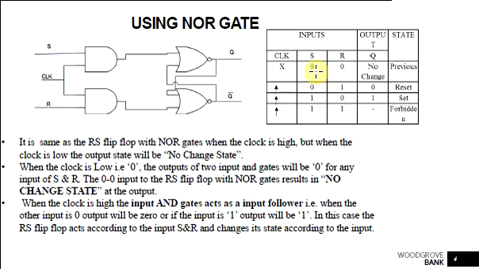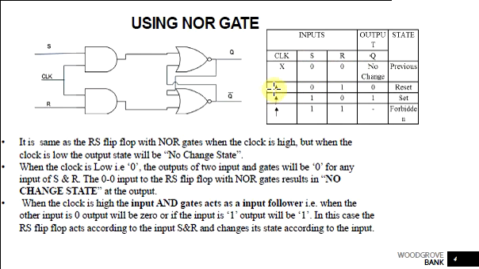This is not only for S equal to 0, R equal to 0; it is applicable for all combinations of S and R. So we are supposed to put a cross in these two columns.